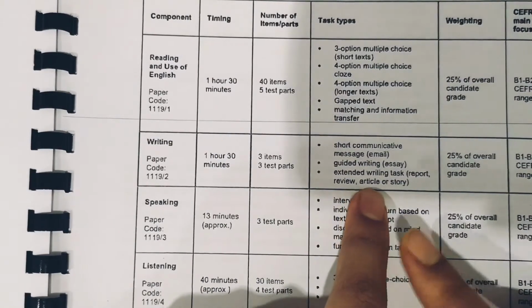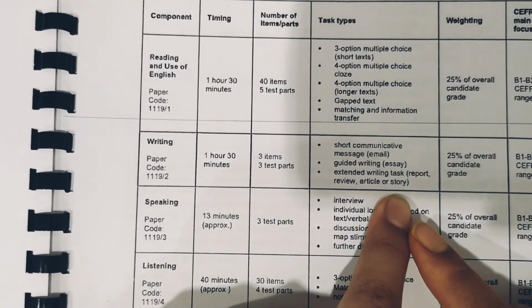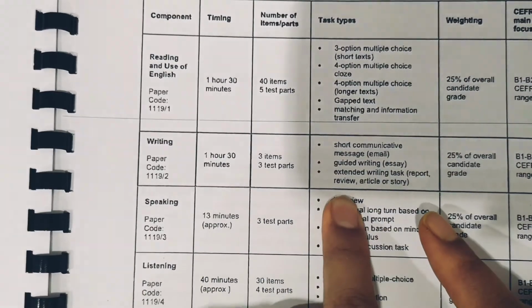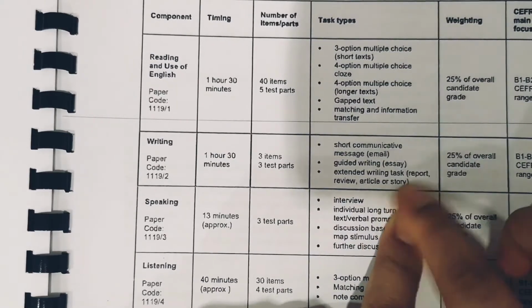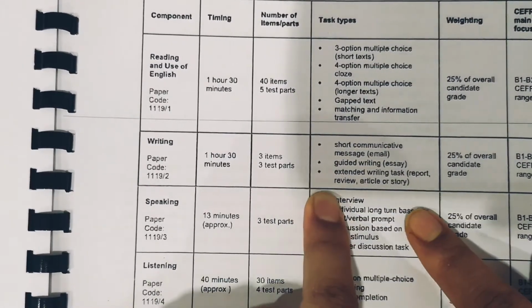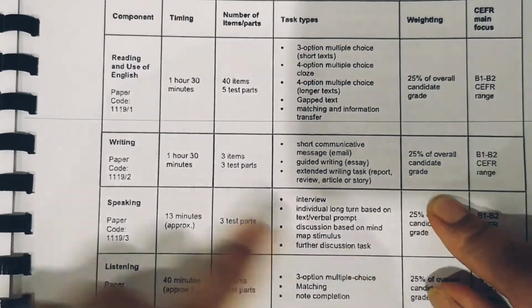And the third one is extended writing task. In the bracket, there are options which report, review, article, or story. So basically you can choose either one of these in the third task. Okay, and this one also contributes to 25% of your overall mark.